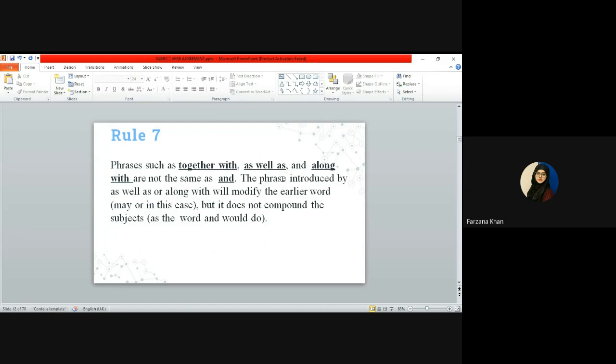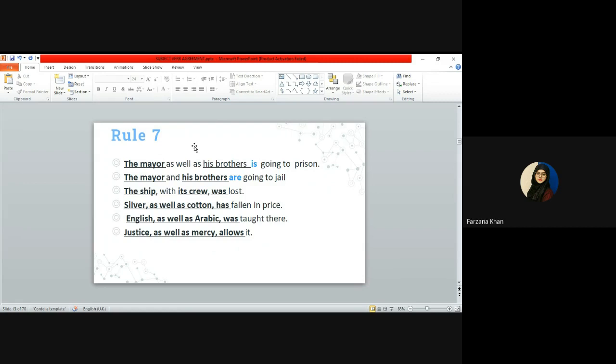The phrases such as together with, as well as, and along with are not the same as and. So the phrase introduced by as well as or along with will modify the earlier word, but it does not compound the subjects. So how will you use a verb in a sentence in which there are phrases such as together with, as well as, and along with? Let's discuss it.